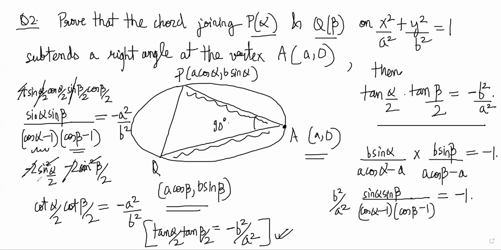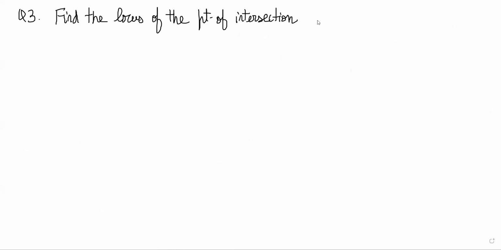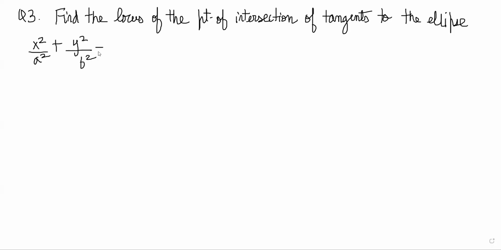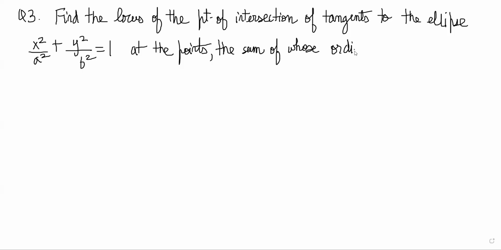Let's look at another locus question. This says, question 3, find the locus of the point of intersection of tangents to the ellipse x square by a square plus y square by b square equals 1 at the points the sum of whose ordinates is constant.